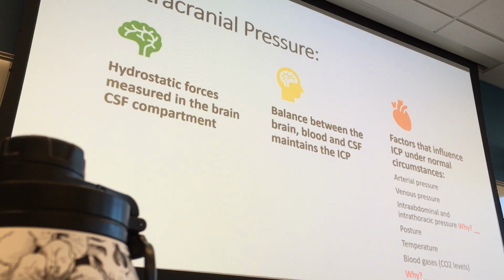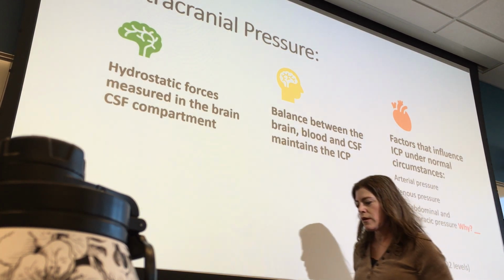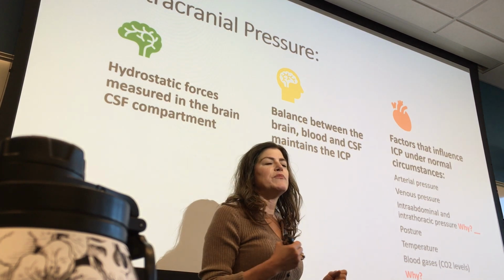So why would you think that an increase in intra-abdominal pressure or intrathoracic pressure would have a relation to increased intracranial pressure? Let me put it a different way. Let's just say you have to have a bowel movement, right?